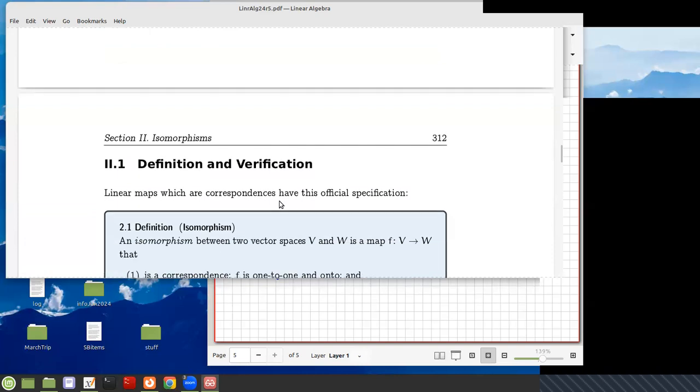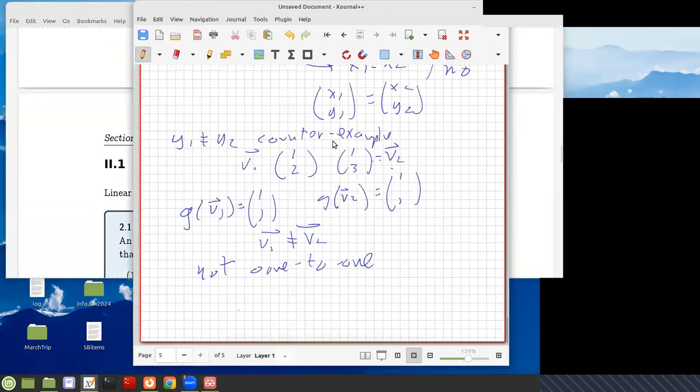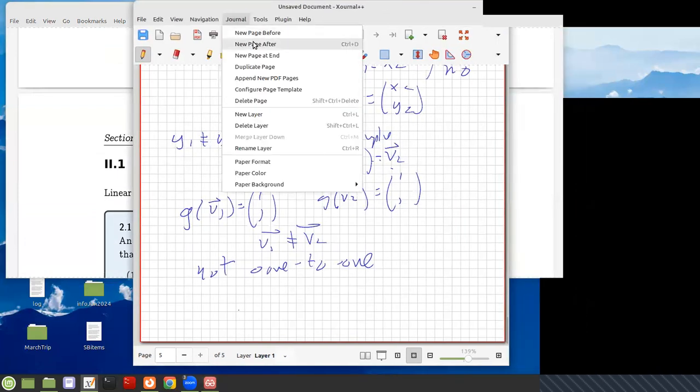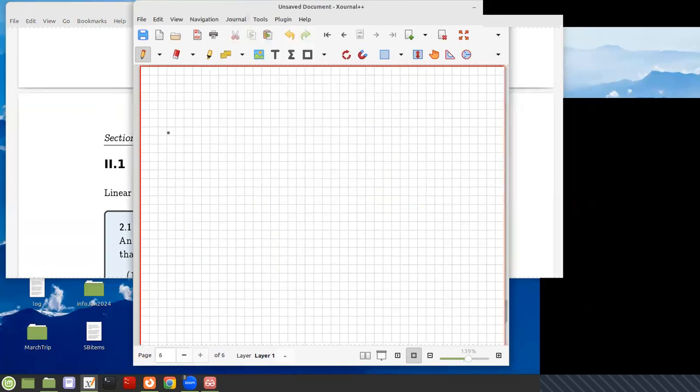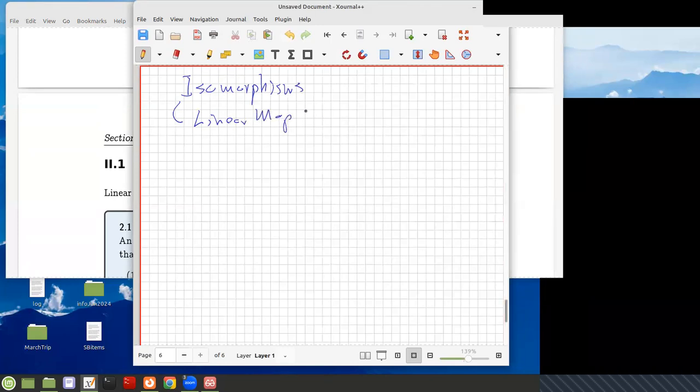So our first maps that we're going to look at in this first section of this chapter are isomorphisms. An isomorphism is a linear map that is 1 to 1 and onto. The previous map g was not an isomorphism because it was neither 1 to 1 nor onto.